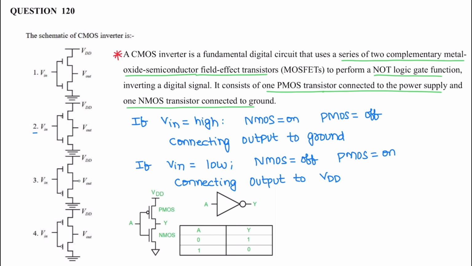If the input voltage is high, NMOS is on, PMOS is off, connecting the output to the ground. Therefore, output is 0. If input is low, output is high. This is the circuit diagram. A is the input, Y is the output, PMOS is connected to VDD, and NMOS is connected to ground. The correct answer is option 2. CMOS inverter is the option 2 circuit diagram.